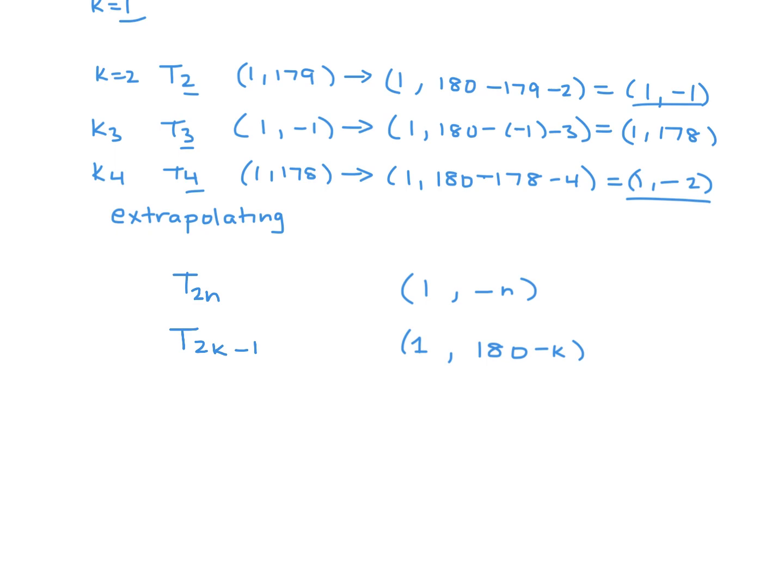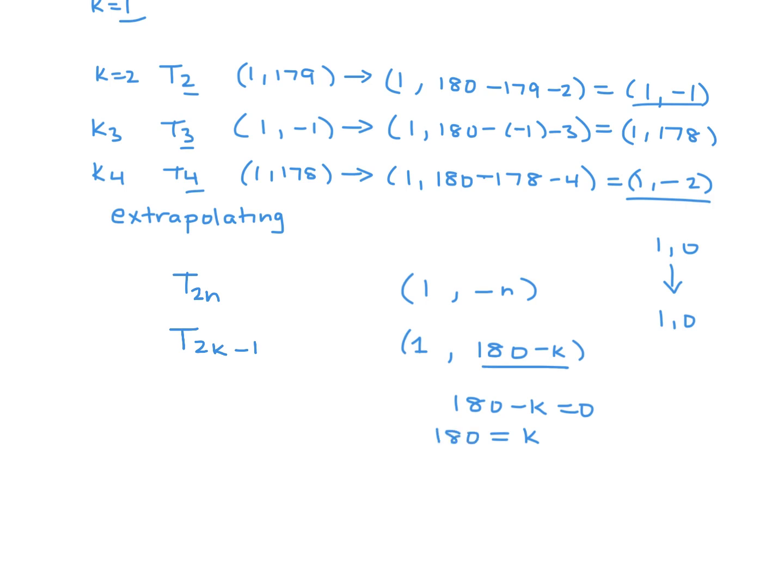178. Okay? So what we want basically is this to be equal to 0, because we want 1, 0 to eventually go back down to 1, 0 again. So we want 180 minus K to be 0. That means we want K to be 180.